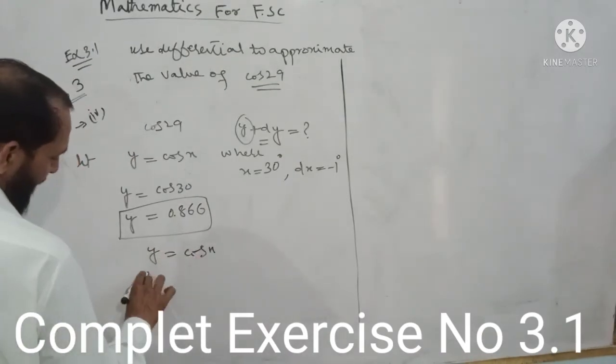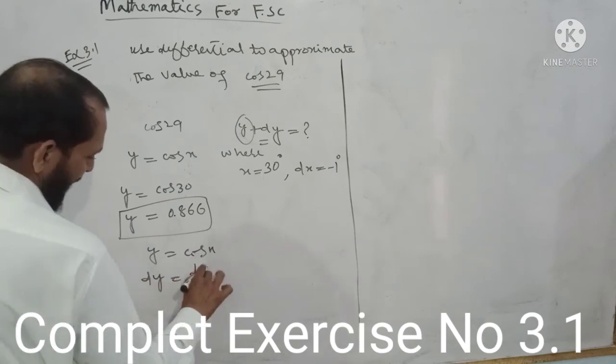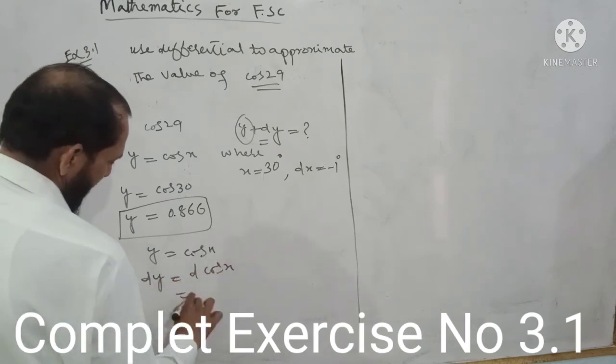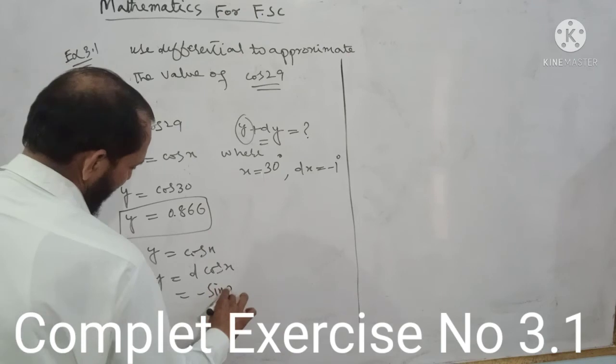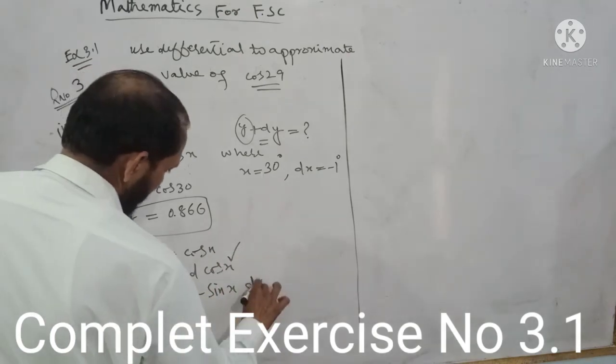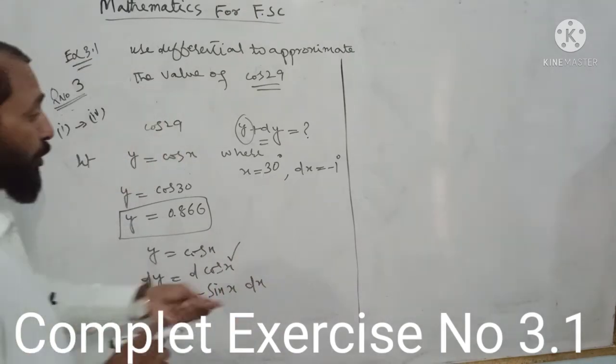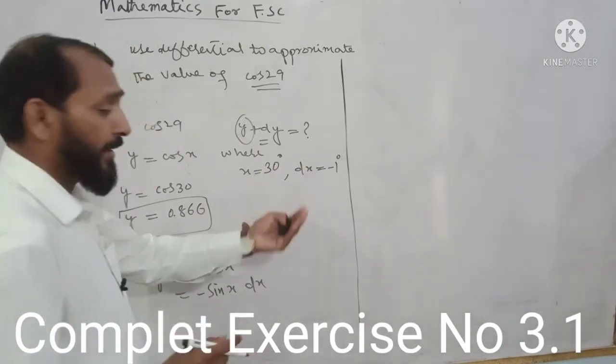For cos x, we operate d on both sides. The derivative of cos x is negative sin x. So we change degrees into radians.